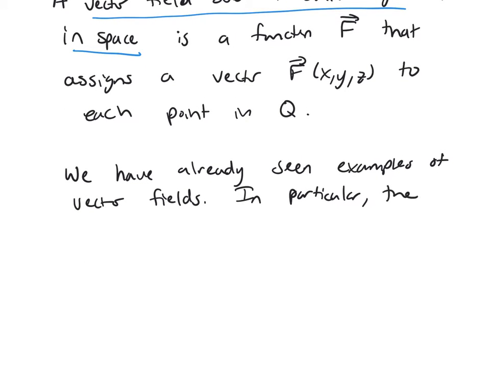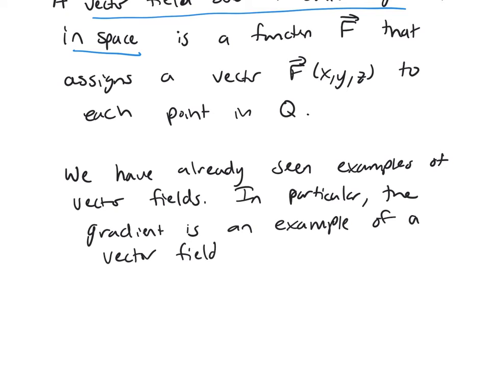So the gradient is an example of a vector field. So that's our previous example, was the gradient.